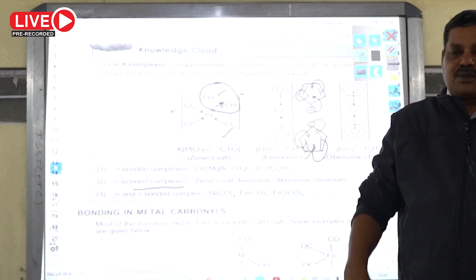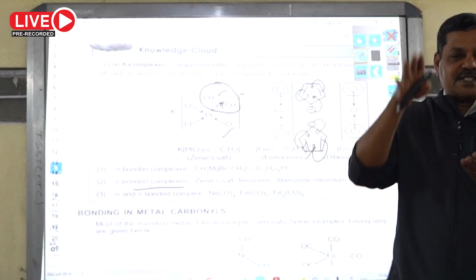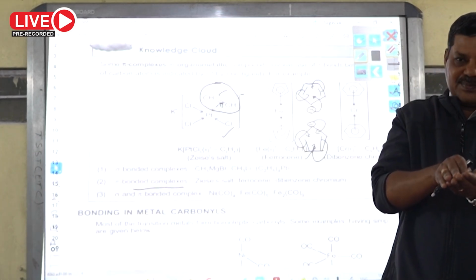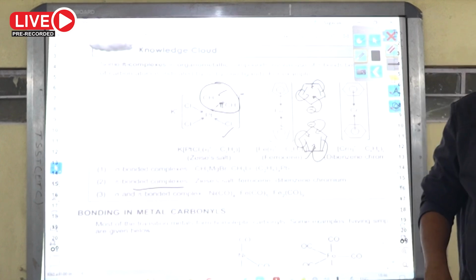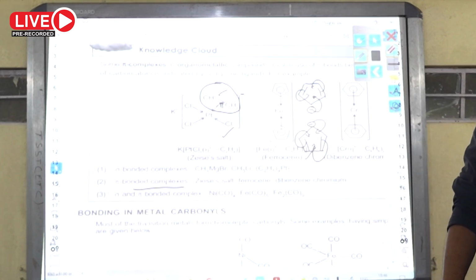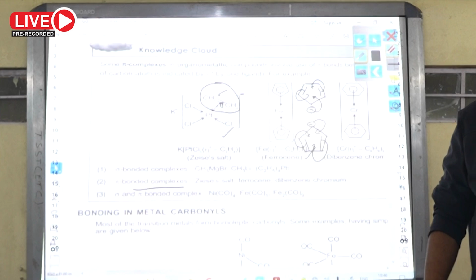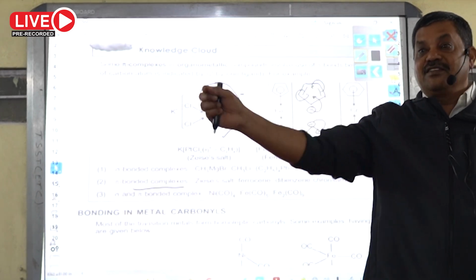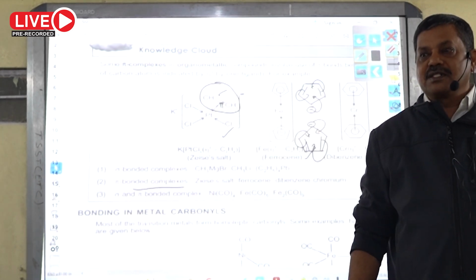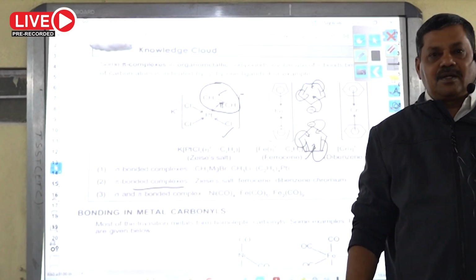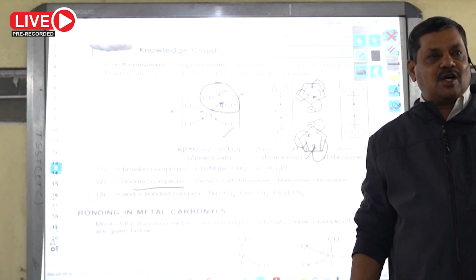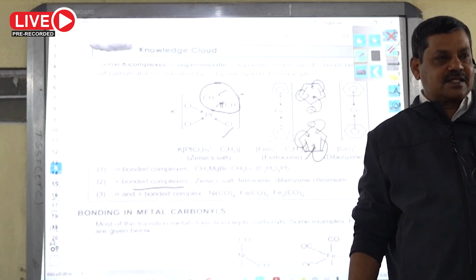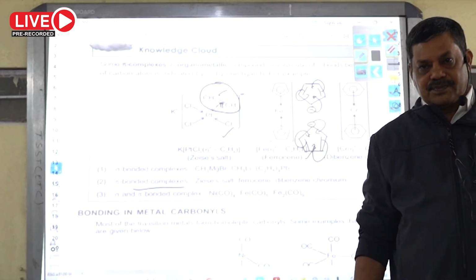We will donate that electron cloud to you and you can be sandwiched between us. That's why ferrocene is called a sandwich compound. Which of the following is a sandwich compound? The answer is ferrocene.